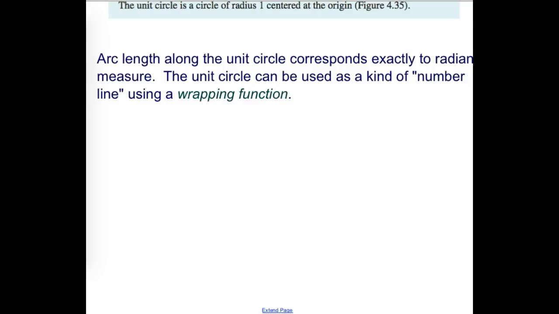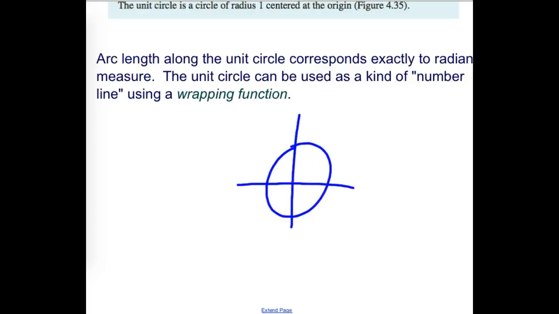Arc length along the unit circle corresponds exactly to radian measure. I want you to think about that for a minute. We talked about 1 radian being an angle where we would measure off along the circumference, whatever that radius is.